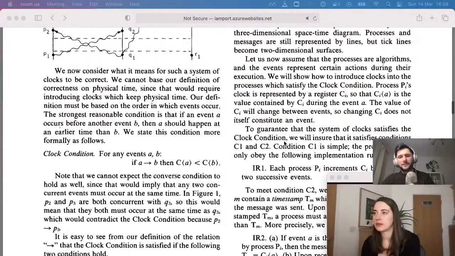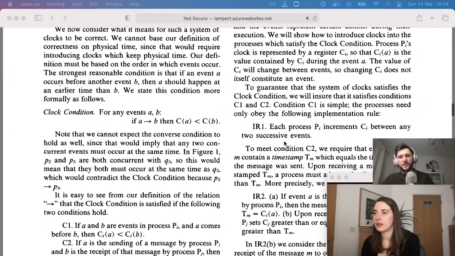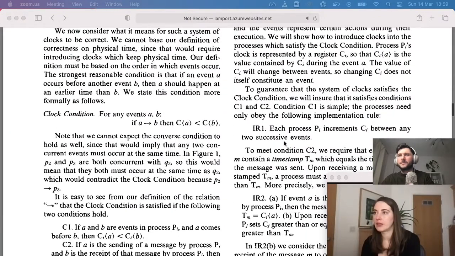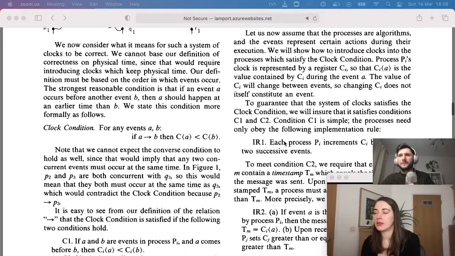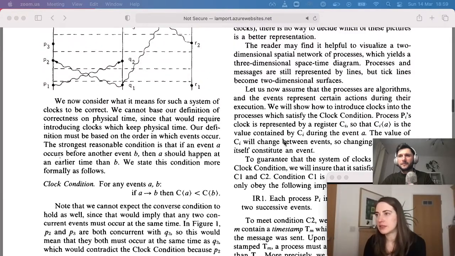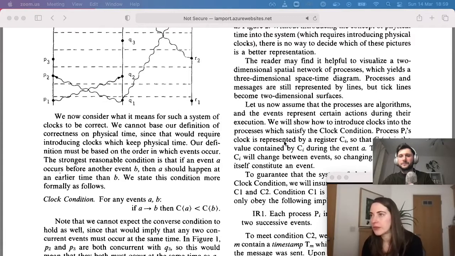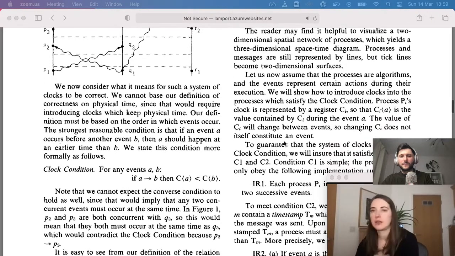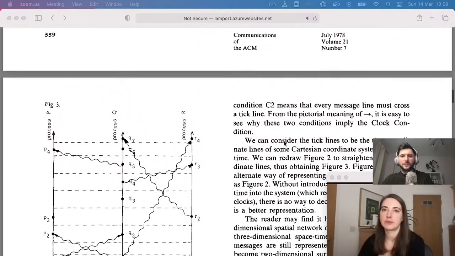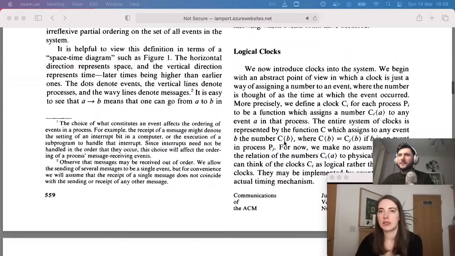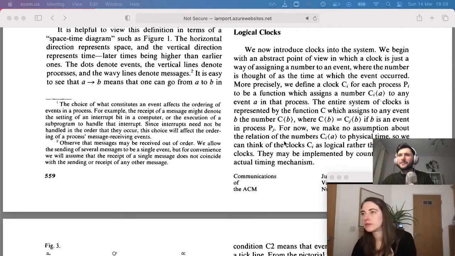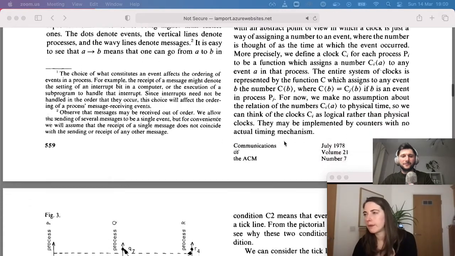I guess the synchronization of clocks just happened when the messages were passed, right? Yes, I think so. No, it has a specific thing here somewhere. Let me find it. Just give me a moment. Sure.